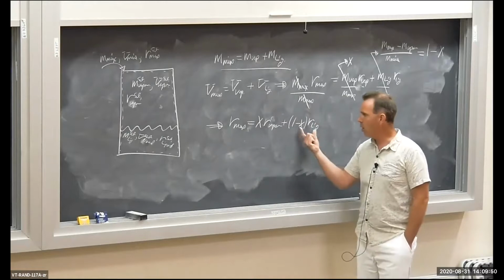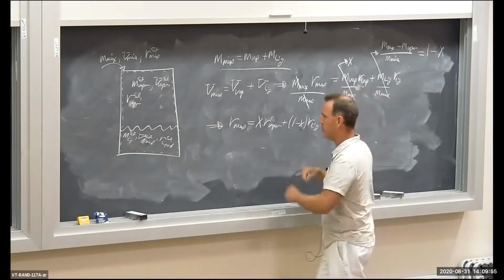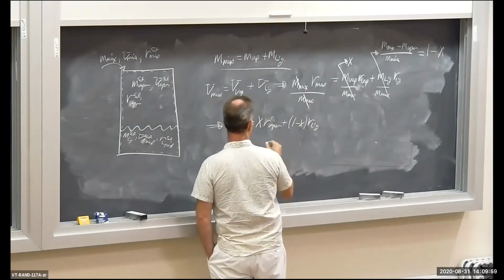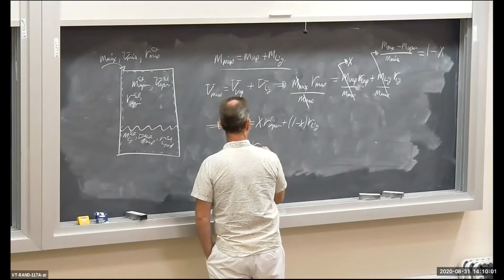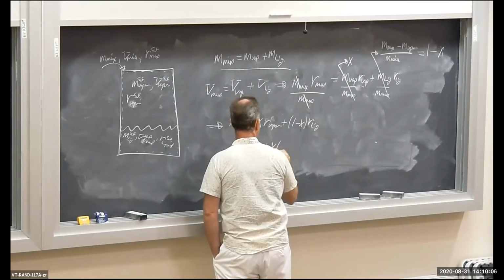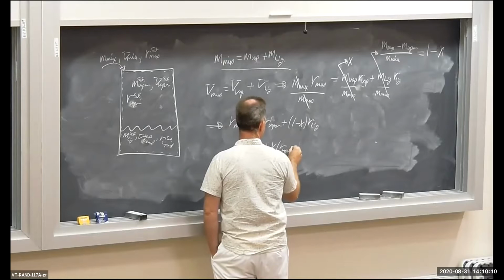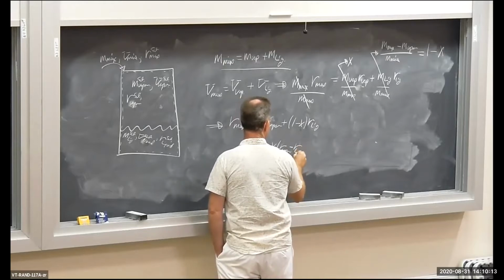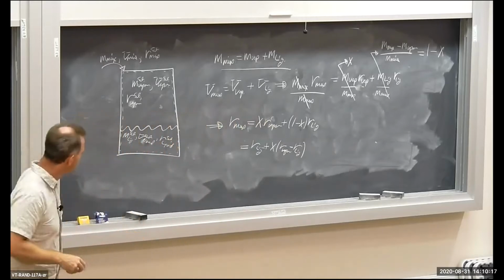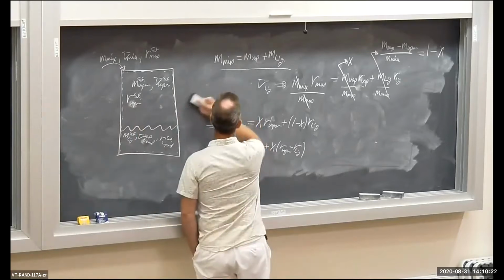I'm going to group together all the terms involving quality in this equation, this term and this term. And I get the specific volume of the saturated liquid plus quality times the difference between the specific volume of the saturated vapor and the specific volume of the saturated liquid. So let's write down what I got.